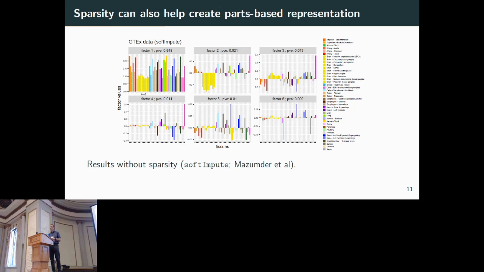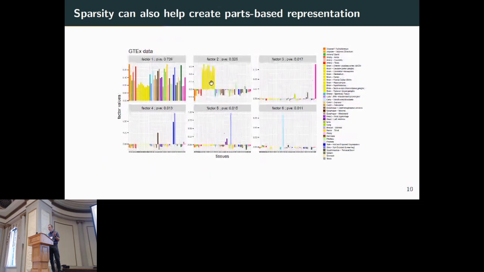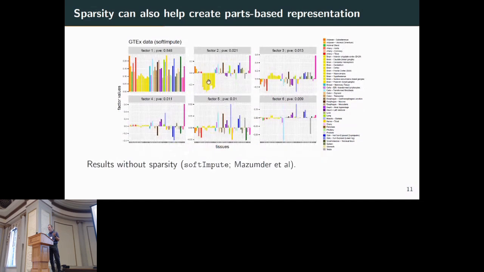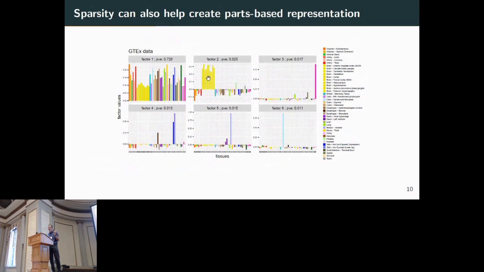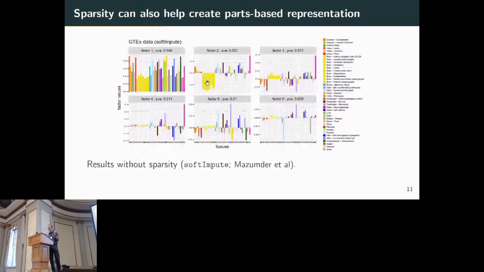It's kind of that shared effect. The second component is somewhat similar. It's capturing the difference between brain and non-brain, although it's maybe not quite such a clean story here. This is pretty much brain, non-brain, with the testis and the pituitary kind of showing some commonality with brain, whereas this one's got a bit more going on.